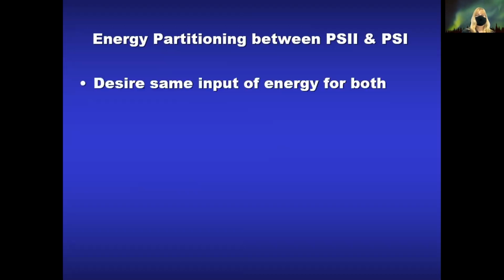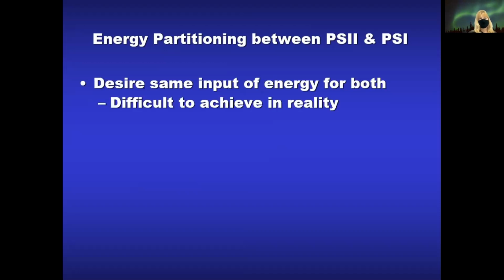And so they've discovered this really interesting thing that plants can do if things get out of step, so to speak. You want the same energy input at both photosystems so that the electron flow is continual and smooth and efficient. Everything's clicking along just right. Well, that's not as easy as it sounds. Especially for a plant, its photosystems are very commonly exposed to different light intensity.